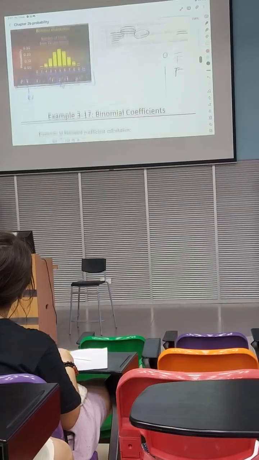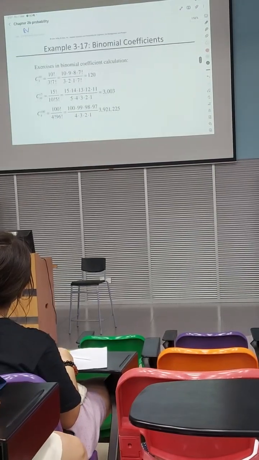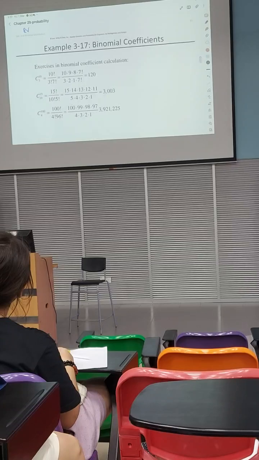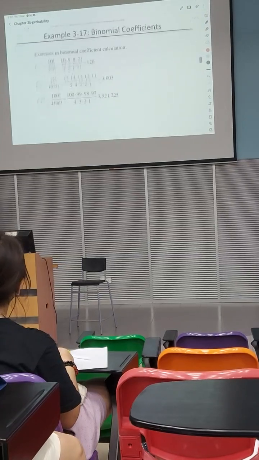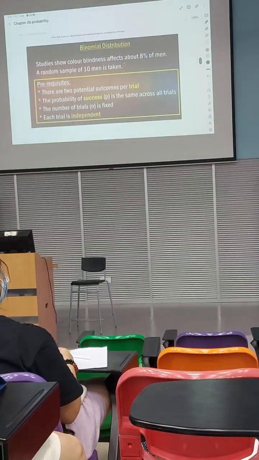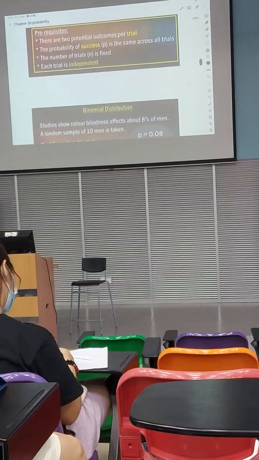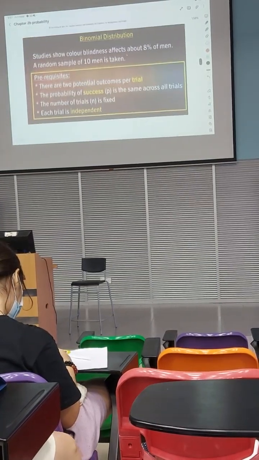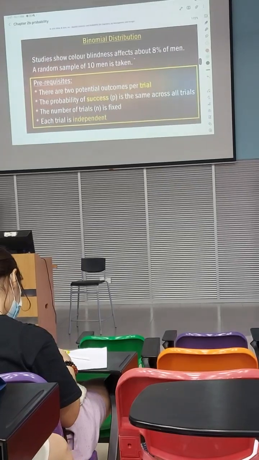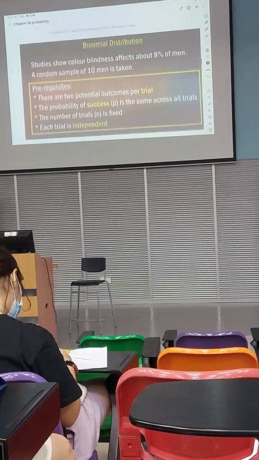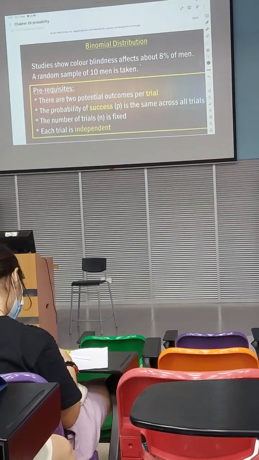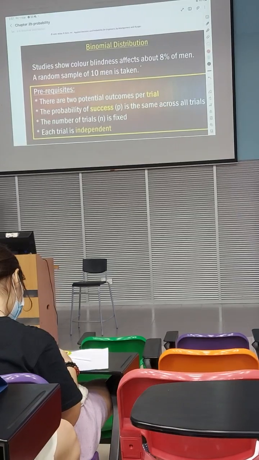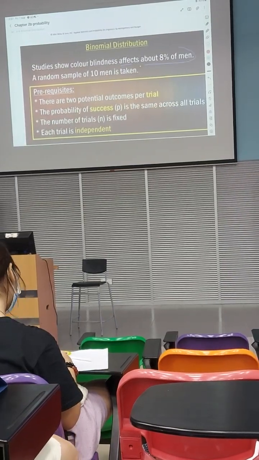We have just understood the binomial and how to calculate it, so I will not touch this further. Let us have a look at one example. A study shows that color blindness affects 8% of men.